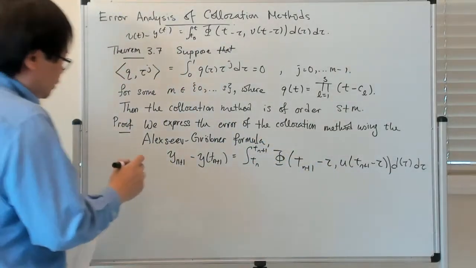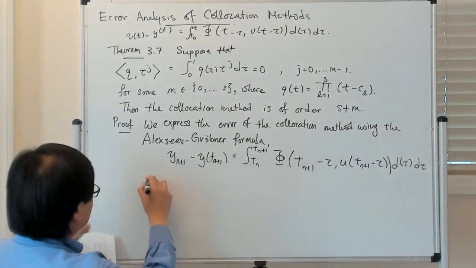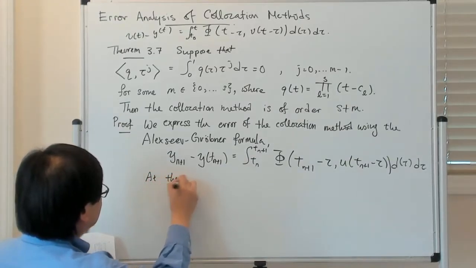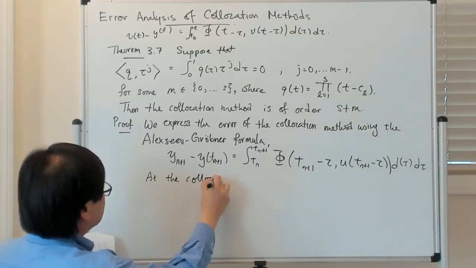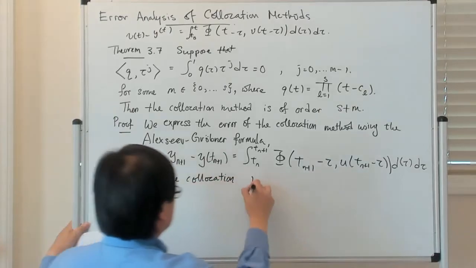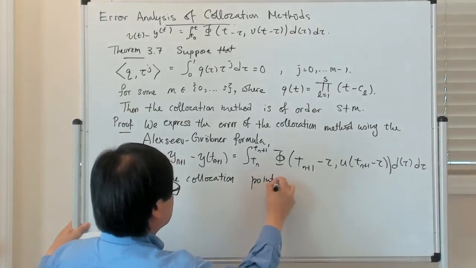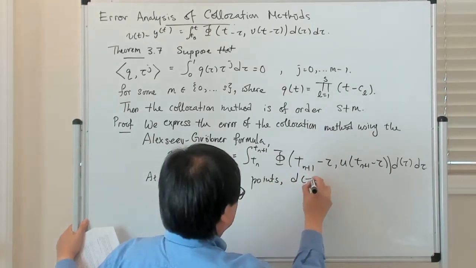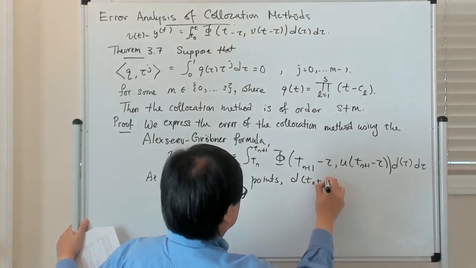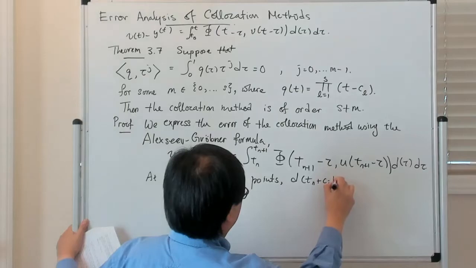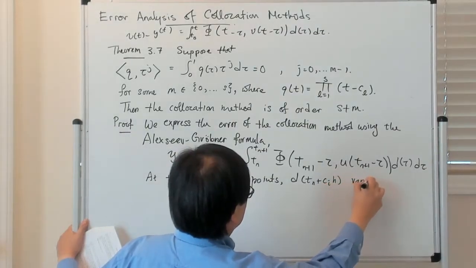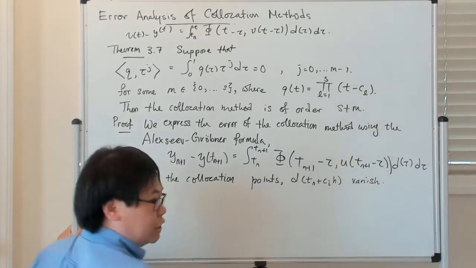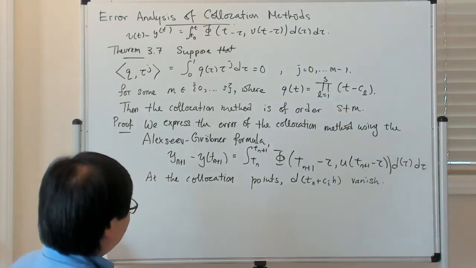Okay, so the remark is that at the collocation points, d of Tn plus Cih vanishes. And this is just by definition of the collocation method.